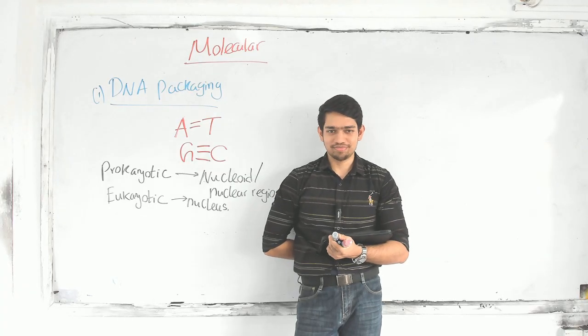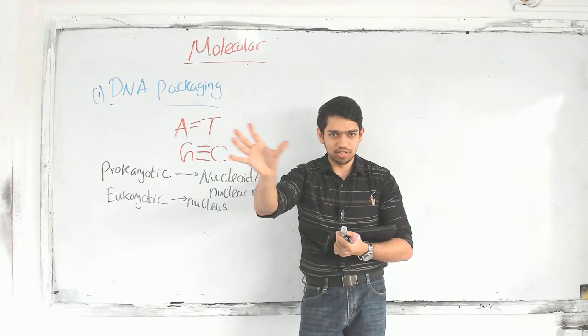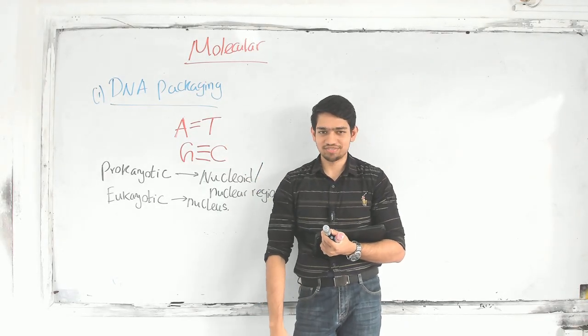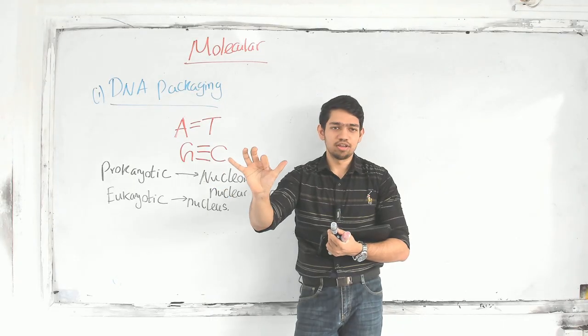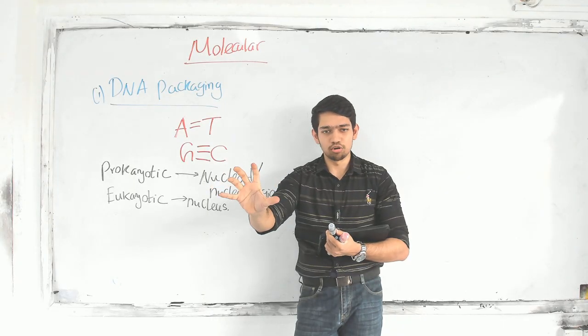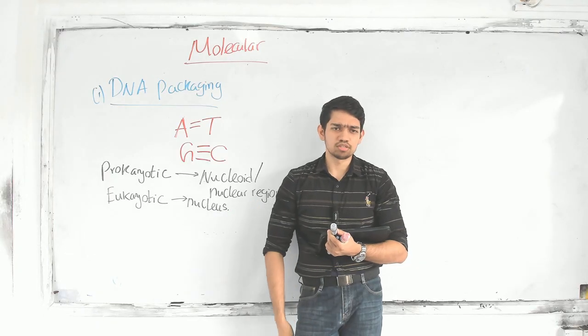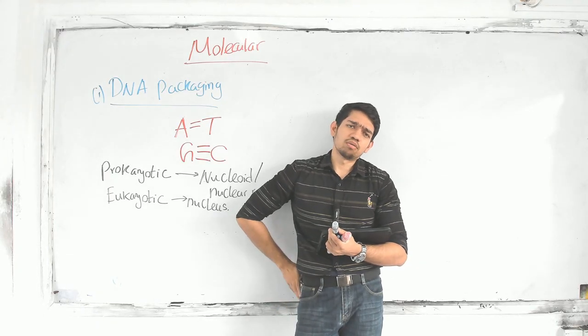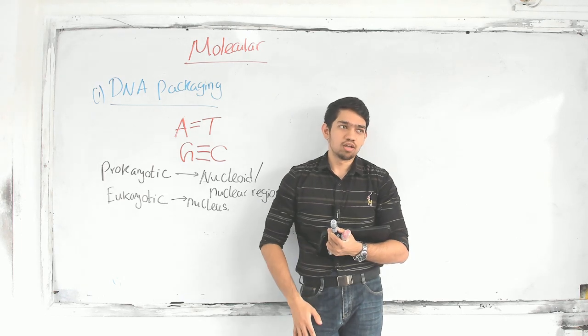Second lesson, prokaryote eukaryote cell comparison. Size, DNA, cell wall structure. What else? Nucleus structure. Structure of flagella.